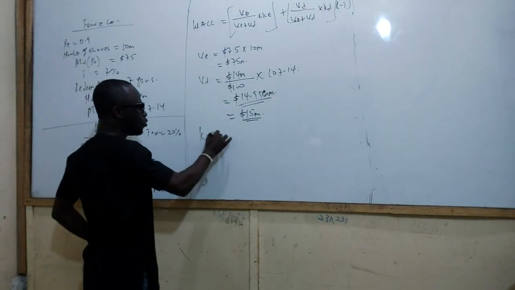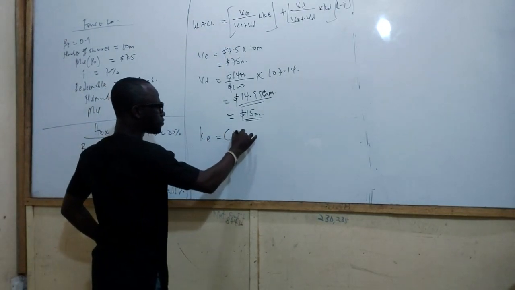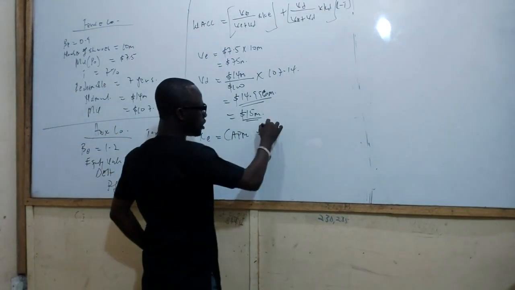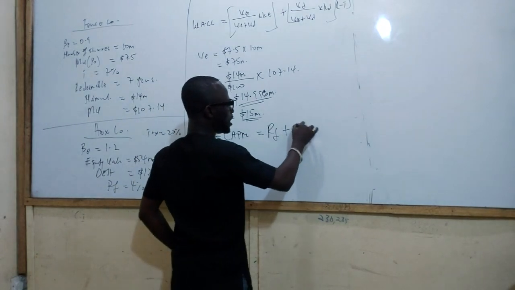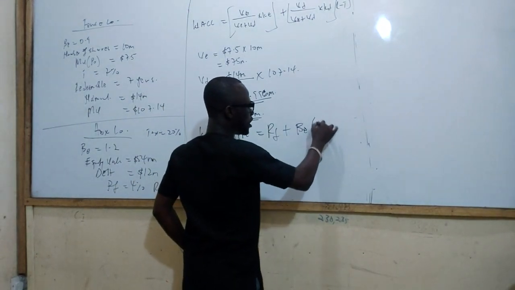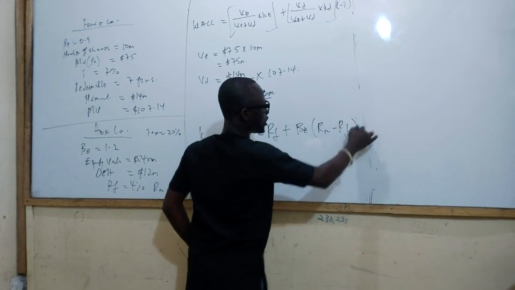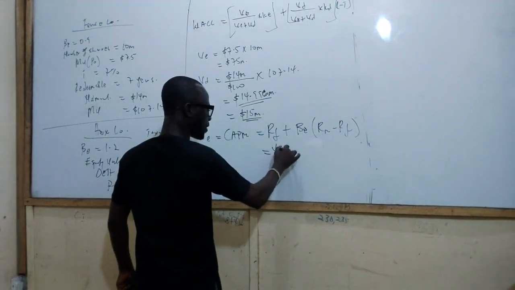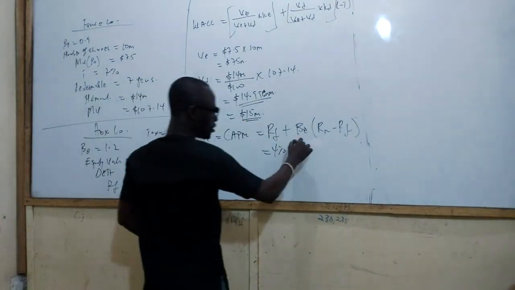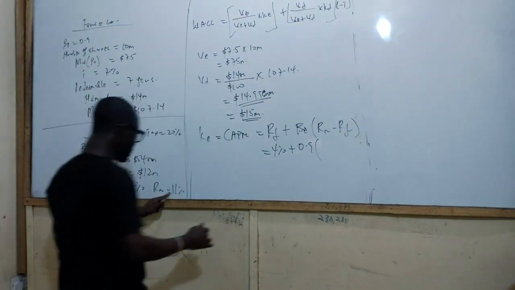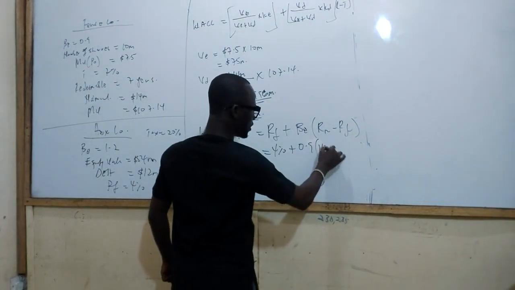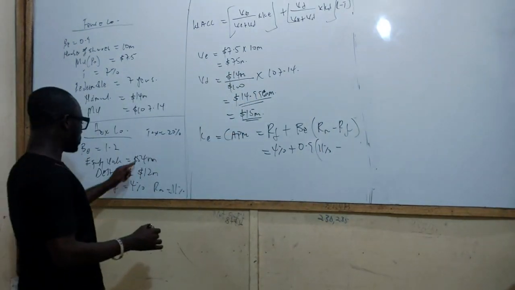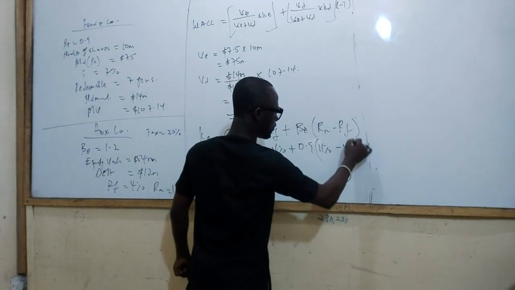So KE will be equal to the risk-free rate plus the beta times the return on the market minus the risk-free rate. So go for it: risk-free 4%, beta 0.9, return on the market 11% minus risk-free rate 4%. Can I have an answer?